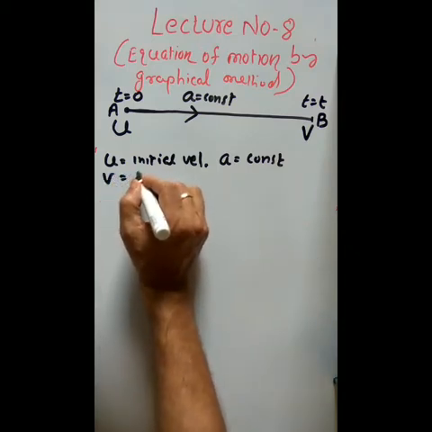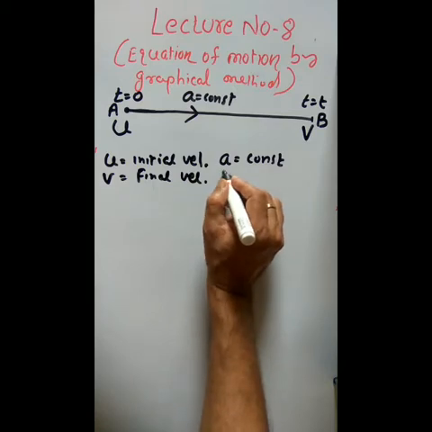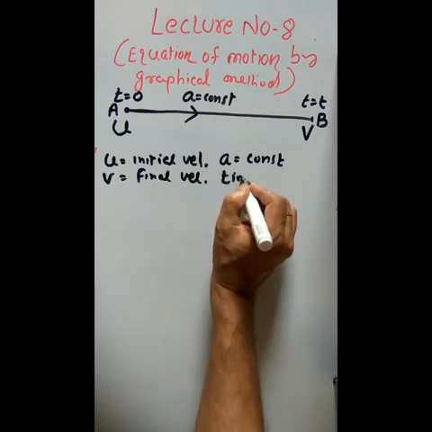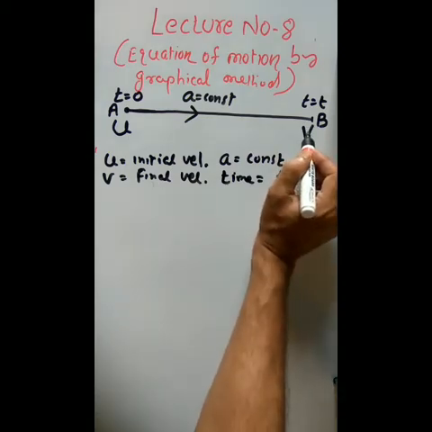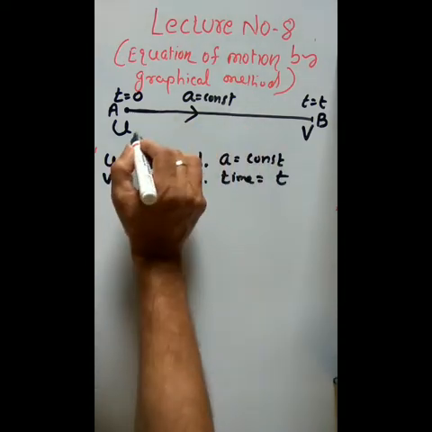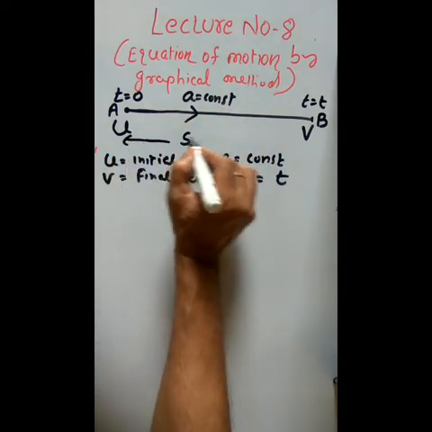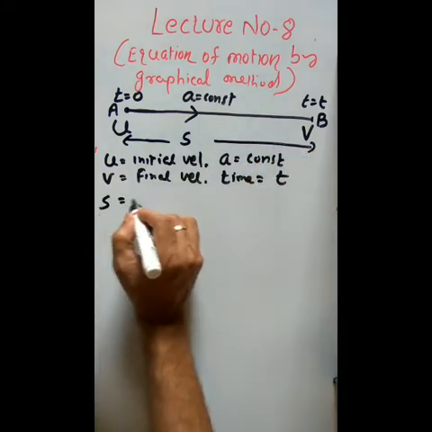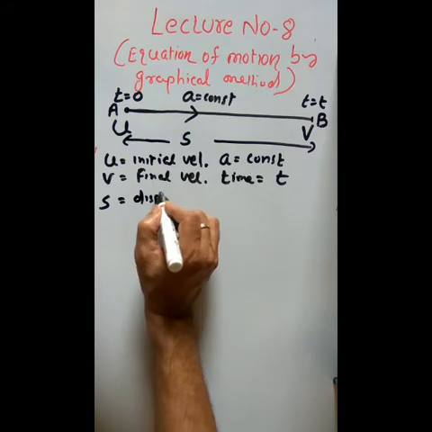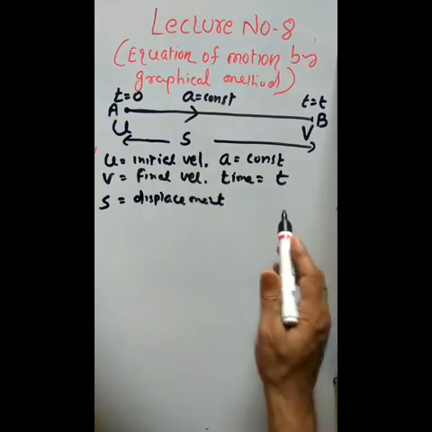So after t time, the body acquires a velocity of v, and during this t time, the body covers s distance or displacement. So s is the total displacement covered during the total time t.